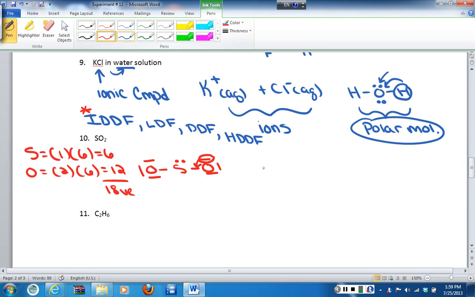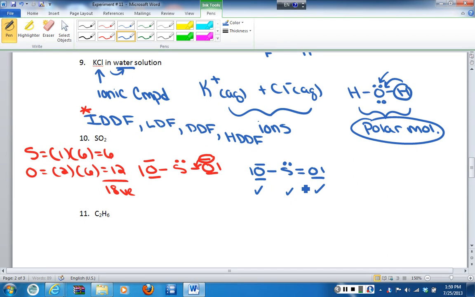So I now have a double bond between one of my oxygens and a single bond to the other. I've used 18 of the valence electrons, both oxygens have an octet, and now my sulfur has an octet. So this is the Lewis structure for SO2.